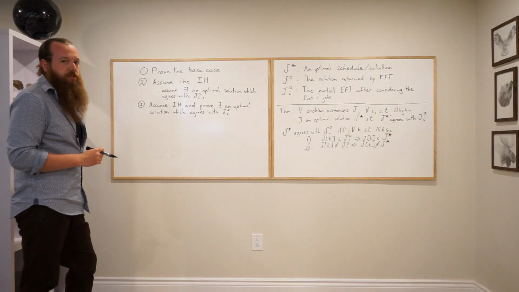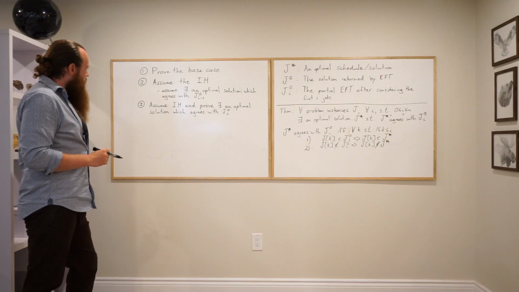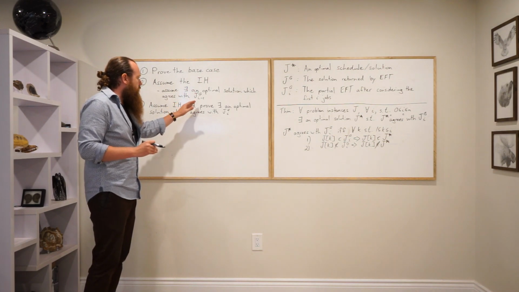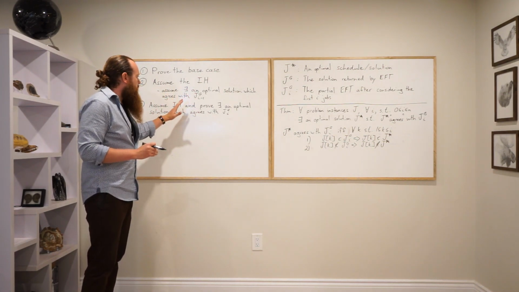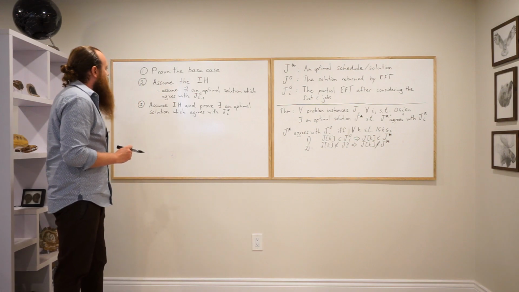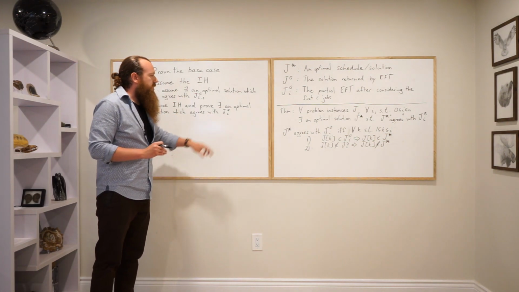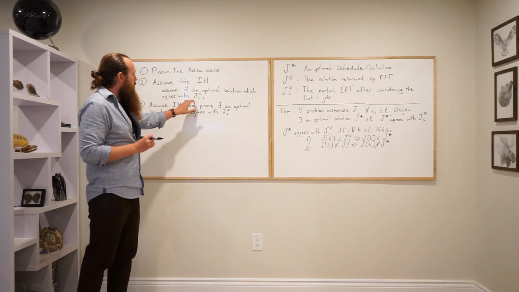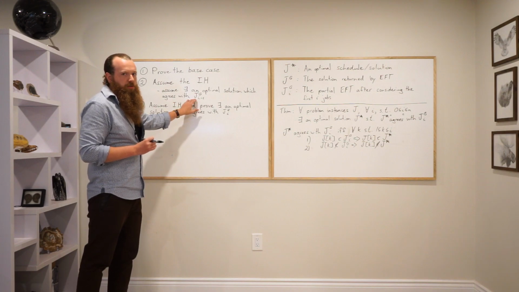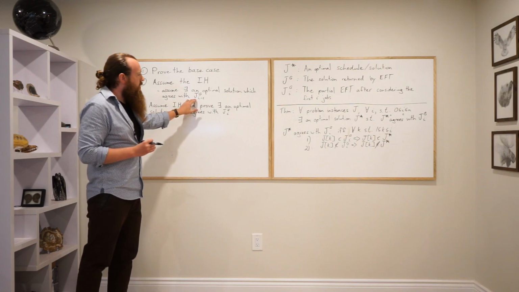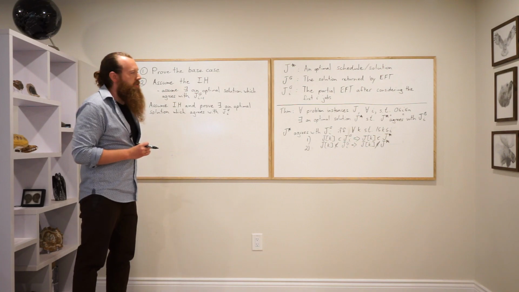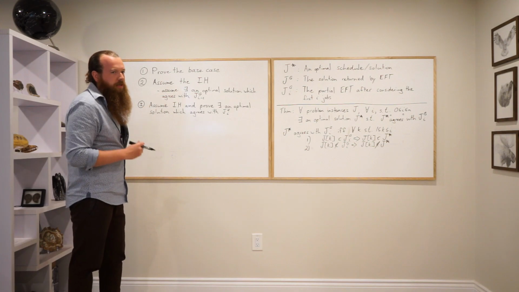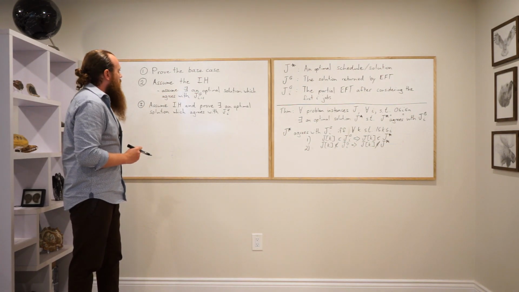So we've assumed that there exists an optimal solution which agrees with JGI minus 1. Then we're going to assume that and try to prove that there also exists an optimal solution which agrees with JGI. So if there's an optimal solution that agrees with our greedy solution's I minus 1 first choices, then there exists an optimal solution that agrees with our greedy solution's first I choices, where a choice is to include or exclude a job.